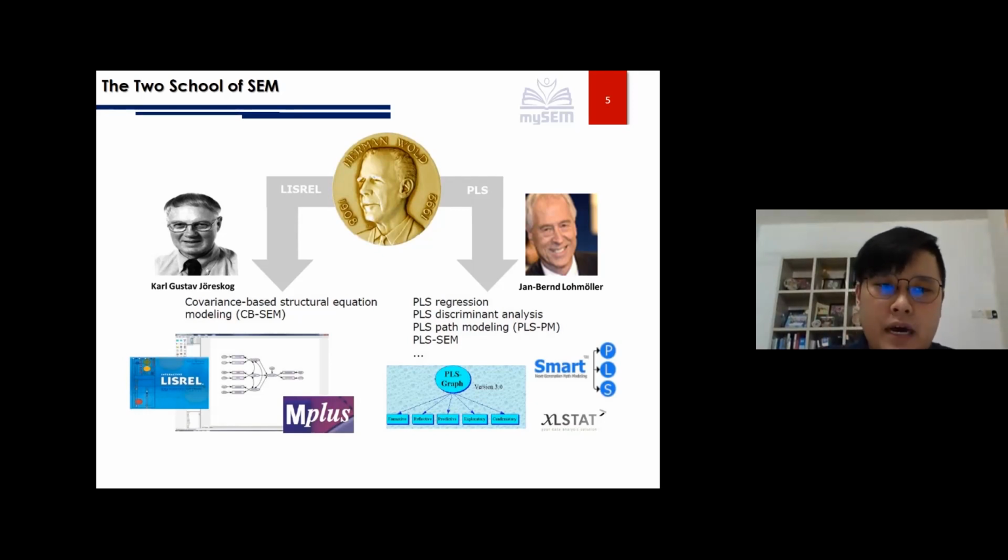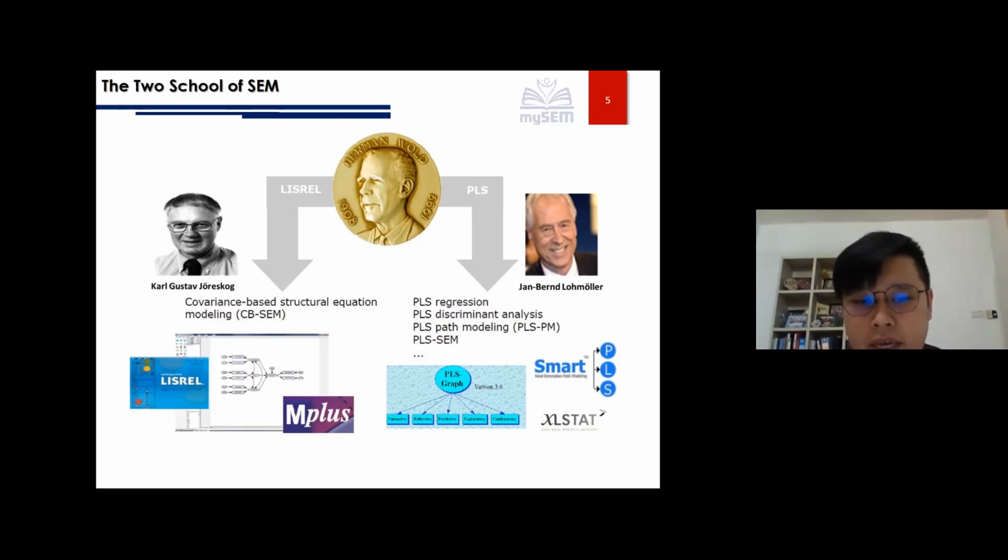Okay, so the fundamental of SEM obviously comes from Herman Wold. He had two great students, one is Karl Gustav Jöreskog and one is Jan-Bernhard Lohmöller. One looked into covariance-based SEM, which is Karl Jöreskog.